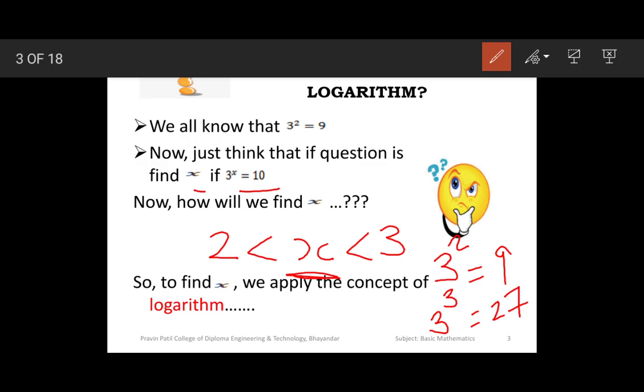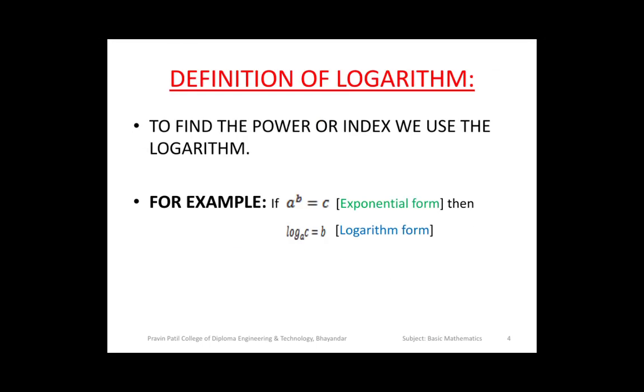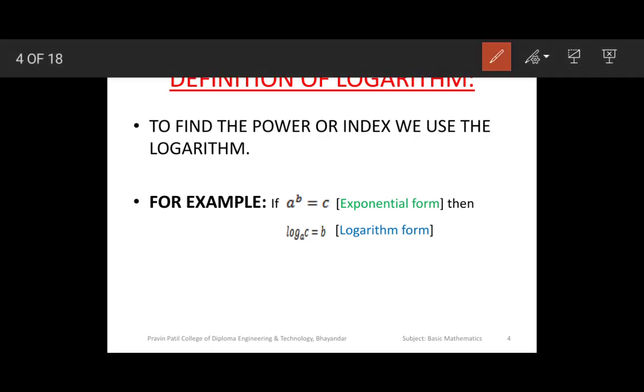Logarithm is used to find the power or index. So from this we get the definition of logarithm, which says that logarithm is used to find the index or power.